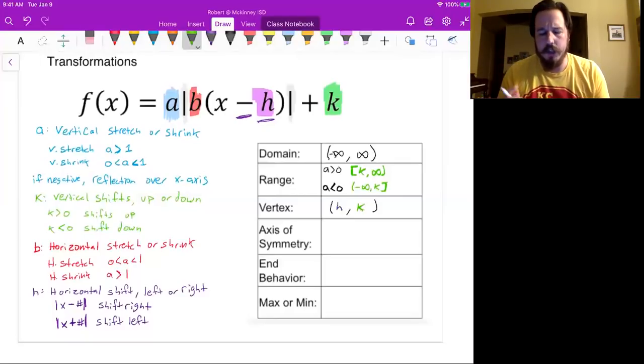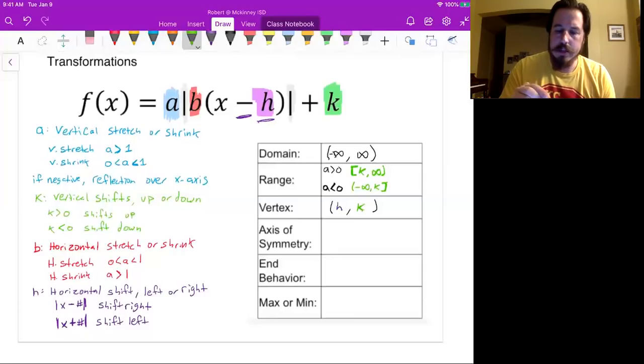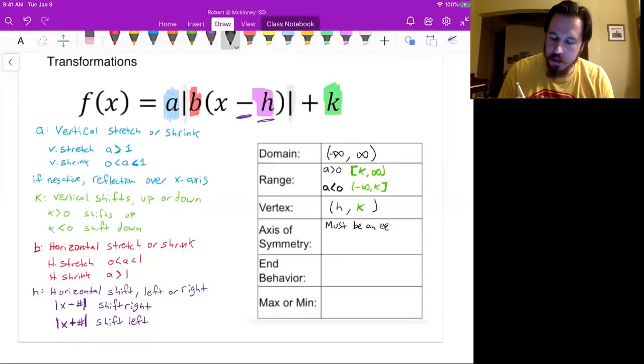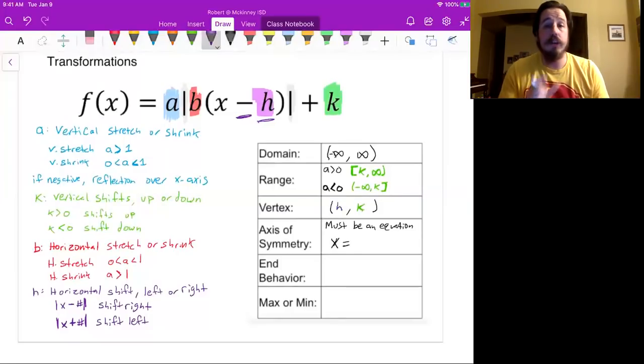And we'll look at that when we look at our example. Our axis of symmetry, as I said before, it needs to be an equation. Okay, and that equation is x equals, because it is a vertical line that we're dealing with, and it is however it shifted left and right. So it's x equals h.